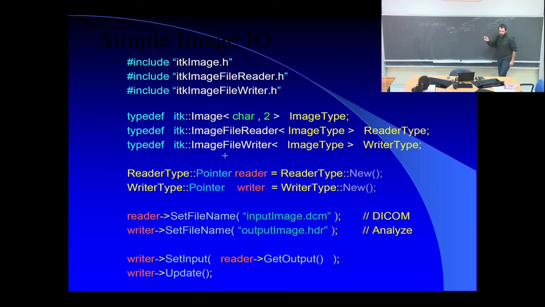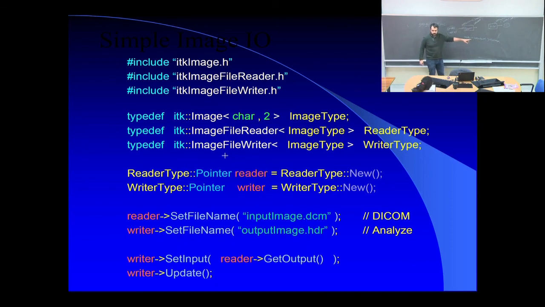A way to link things in ITK, it's somewhat simple when you're used to it, is to say, okay, this has a method called get output. When you do reader get output, this will give you the image.